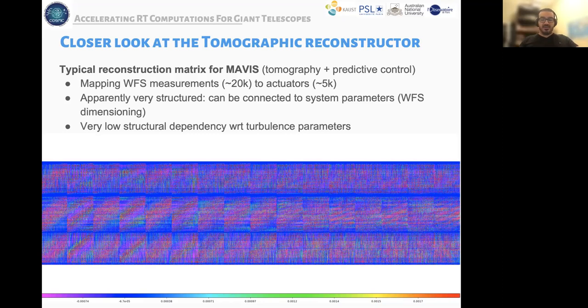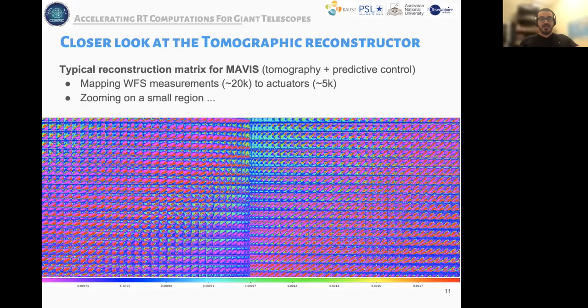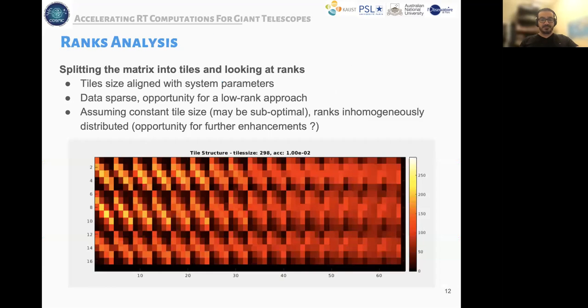The other aspect is how the structure of this matrix can be exploited. If you were to zoom in further, one can identify a structure that may be linked with the system parameters of the instrument.